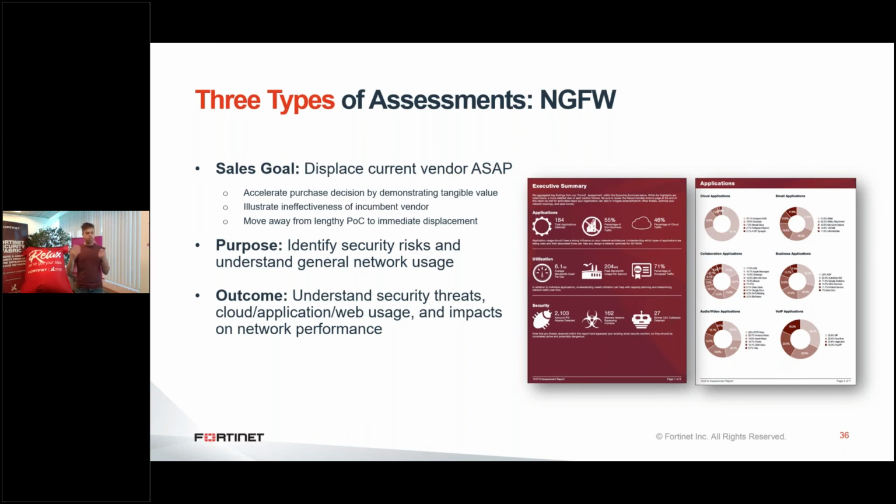So basically what we will do is create a mirroring port on the core switch, which we will then connect to our VM or to our hardware device, which we have installed with the client. And then we can collect these logs and see what is happening on the network and where Fortinet can assist your customer by securing its network.